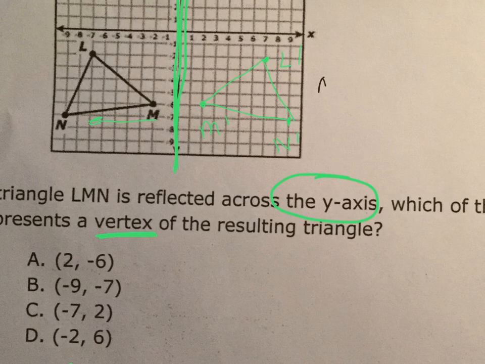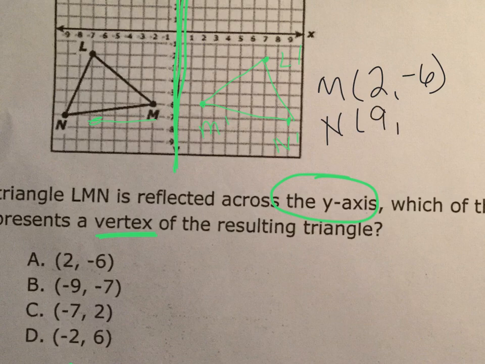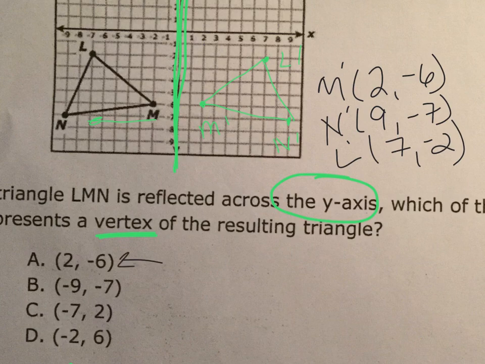I see that M prime is at (2, -6), and N prime is at (9, -7). And L prime, I forgot my prime marks, L prime is at (7, -2). Okay, so, oh look, (2, -6). That's where M prime is. That's our answer.